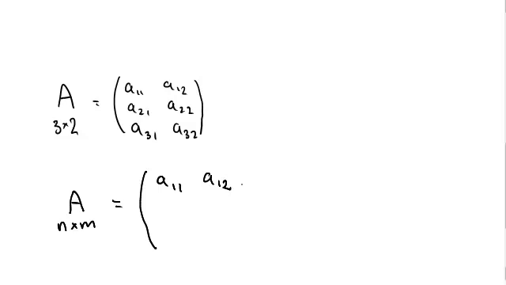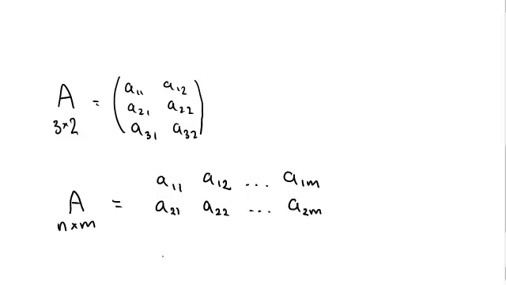Now in this case I cannot keep on going because this matrix has m columns and m is arbitrary. So what I do is I use dots and I do a_1m, representing the final number in the first row. The second row will be a_21, a_22, and so on, ending in a_2m.